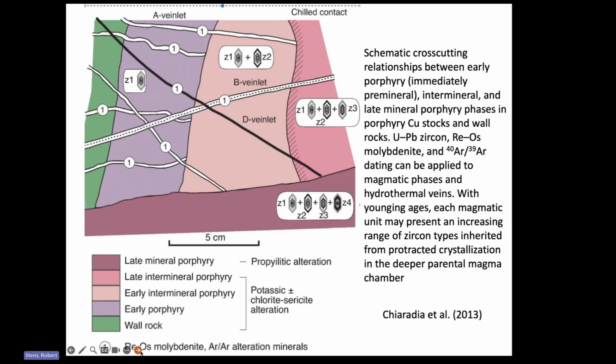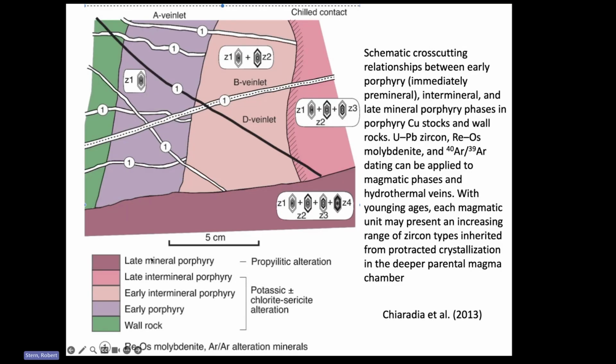So here's an example of an ore deposit from Geology 2013. So we're looking at a 5 centimeter thing, basically a little slab in your hand. And from it, you can see there's the wall rock in green. There's an early porphyry igneous rock. There's an early intermineral porphyry and a late intermineral porphyry, and this has been all affected by potassic and chloride sericite alteration, very common in these ore deposits.